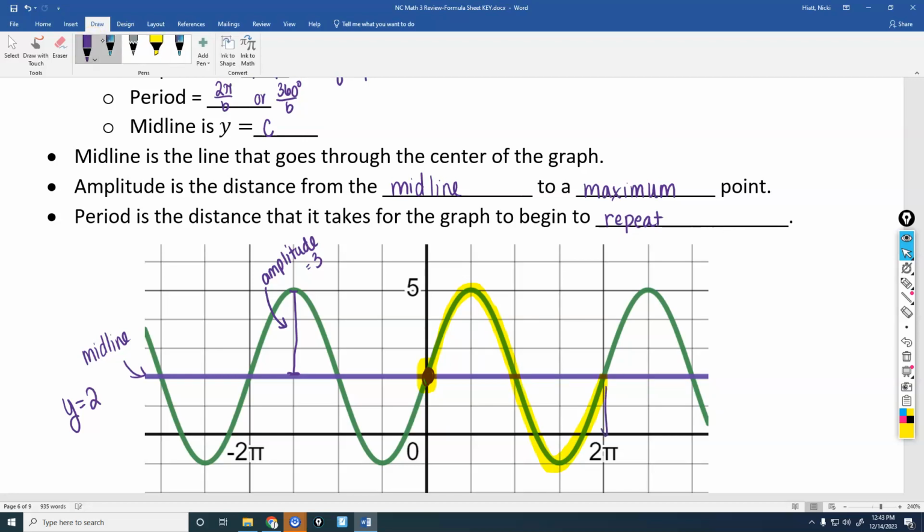That value right there is 2 pi. So the period of this graph would be 2 pi.